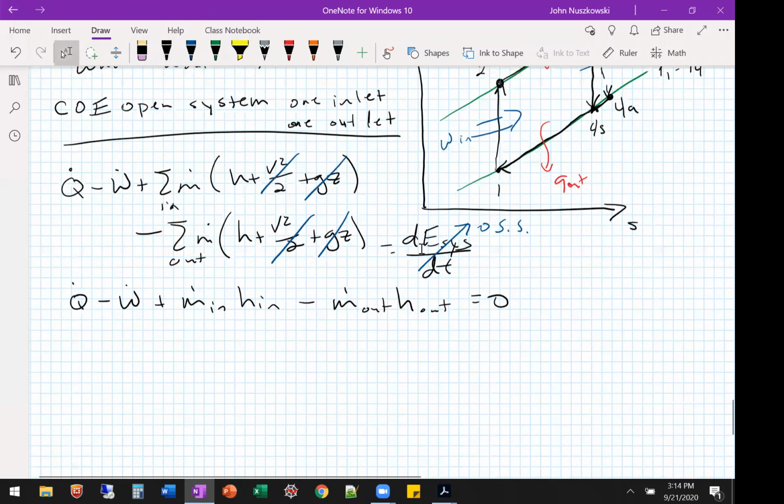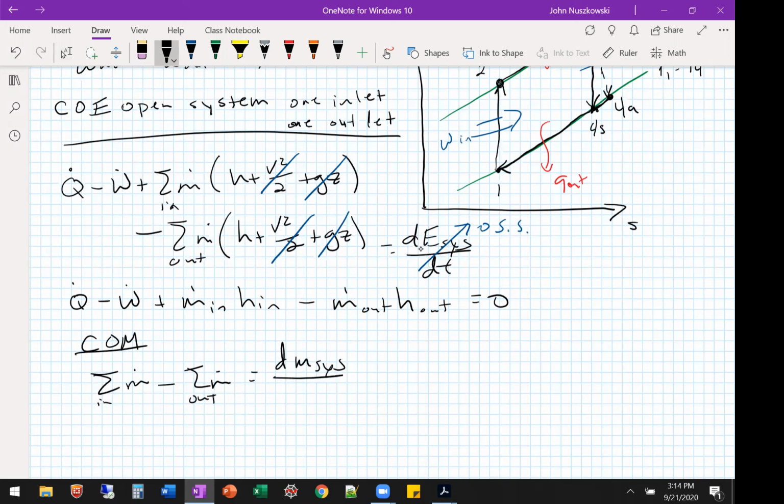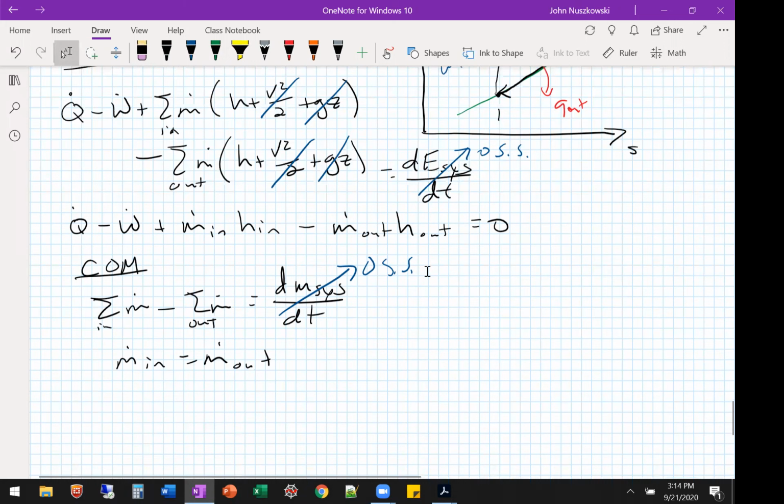And if we did conservation of mass, in steady state, we have mass flow rate in equals mass flow rate out, because it's just one inlet, one outlet. So the mass leaving that one outlet is equal to the mass entering that one inlet.